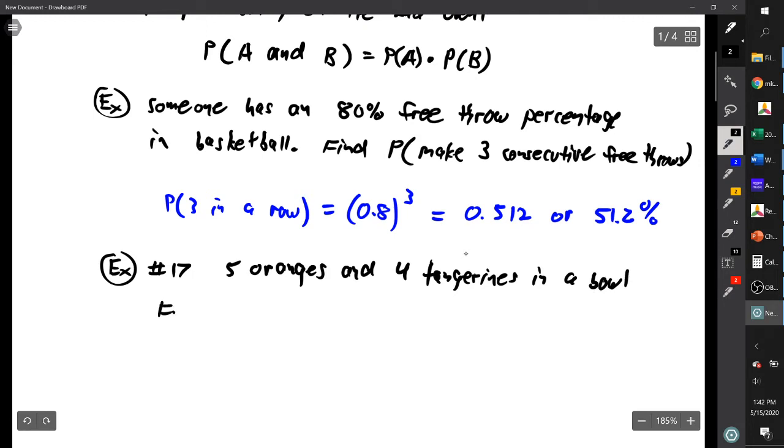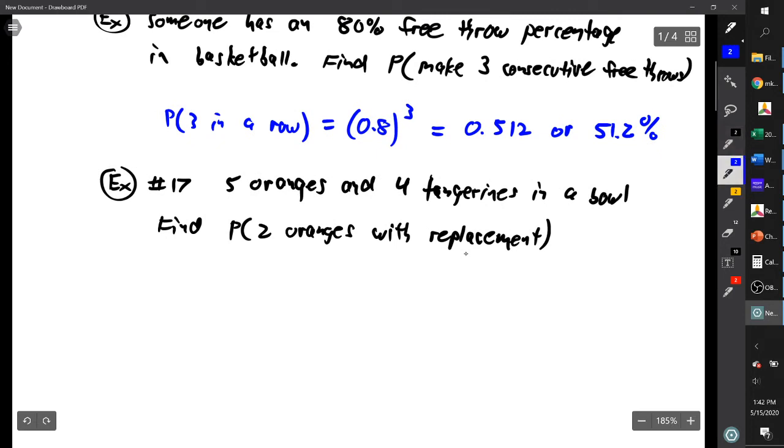And let's find P of 2 oranges with replacement. All right. P of 2 oranges. No, I really need to say with replacement. With replacement.